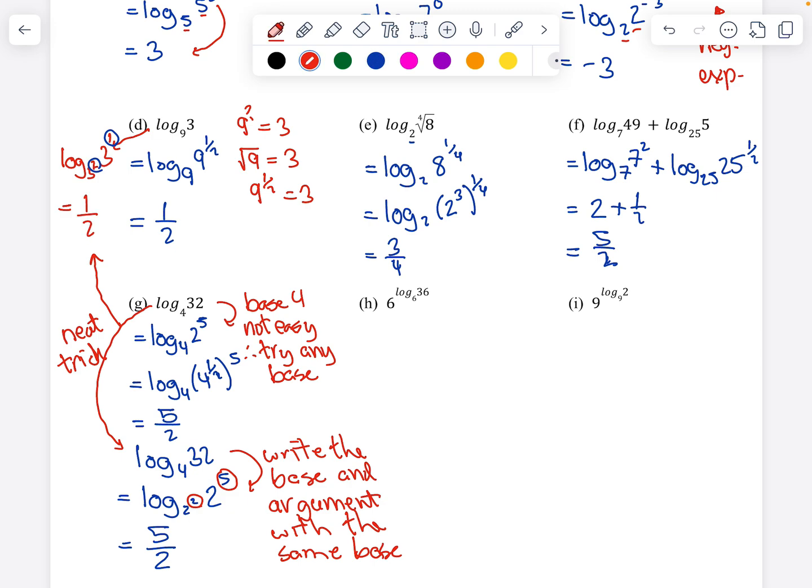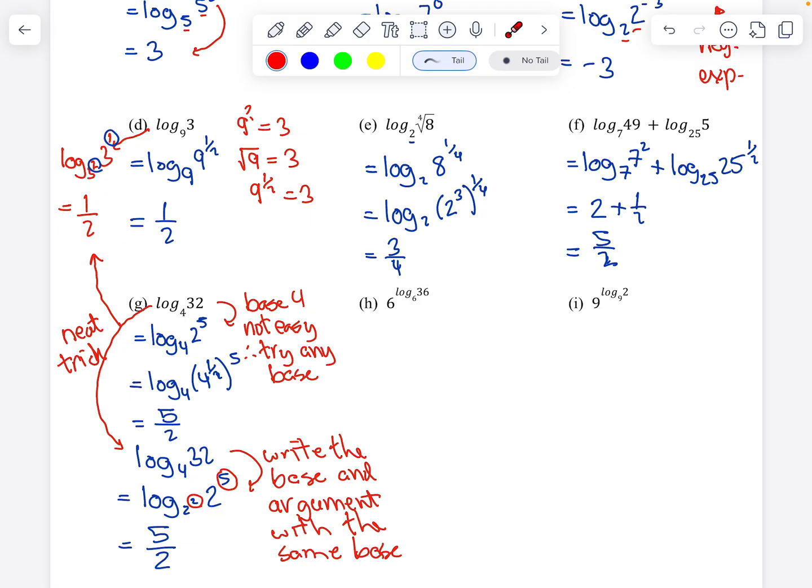So if you're having trouble sometimes spotting how do I write 3 as a power of 9 using fraction exponents, an alternate way we can get around that is to try and write the argument and the base using a base that is the same, and we can actually get our answer to the logarithm by taking these two exponents and putting them together in a fraction.